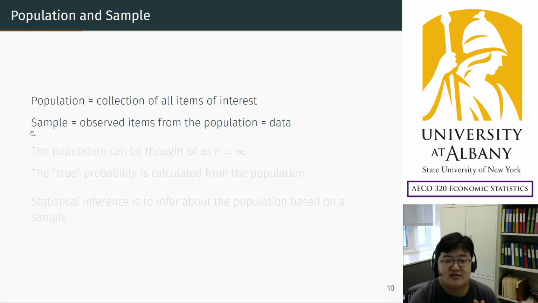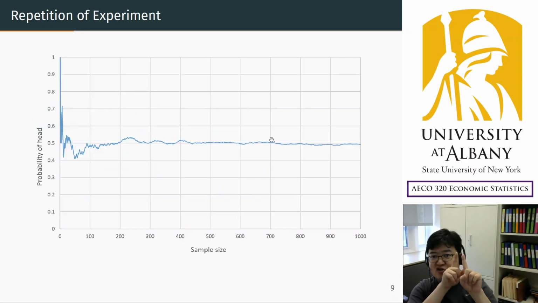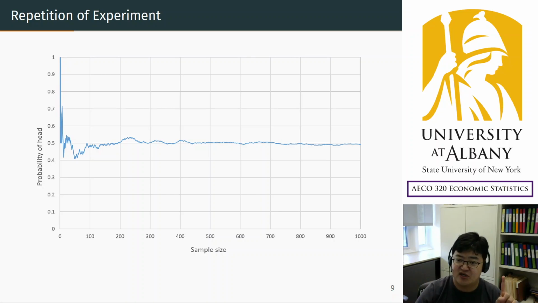On the other hand, the sample is the collection of finite observations, observed items from the population, which is the data. So again, go back to this example. The true probability is obtained when you throw a coin for an infinite number of times, which is a purely theoretical object.